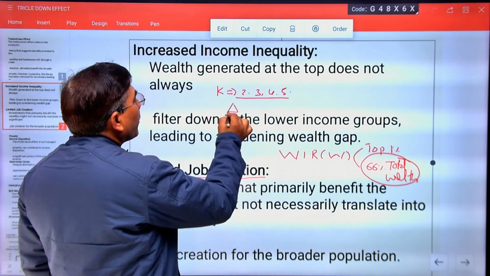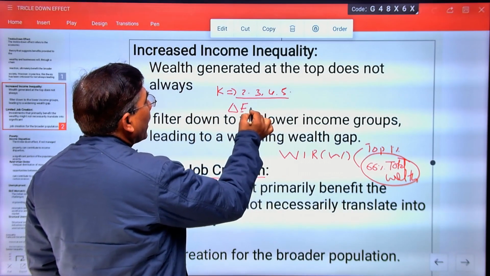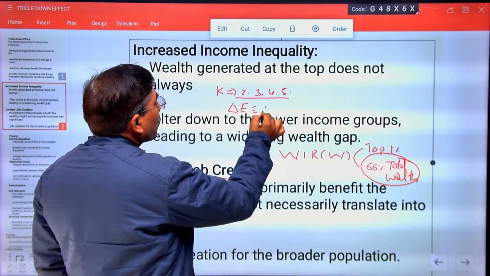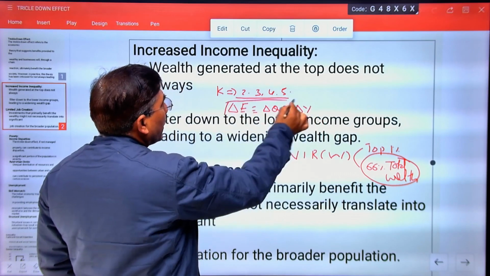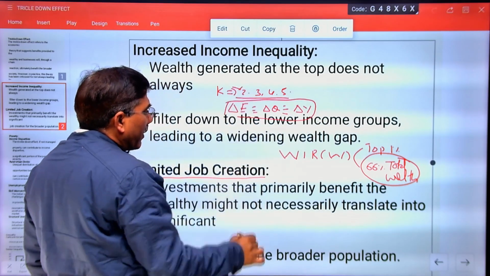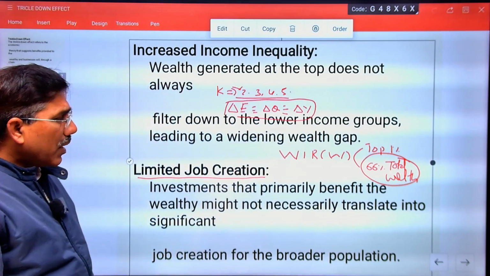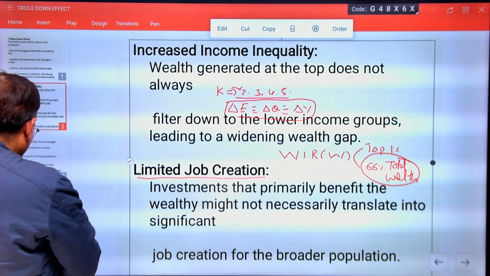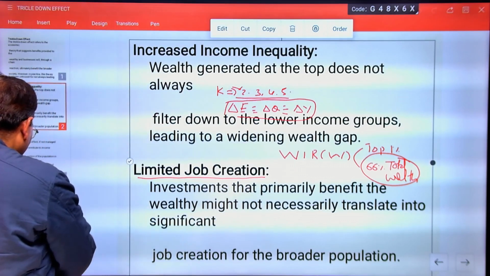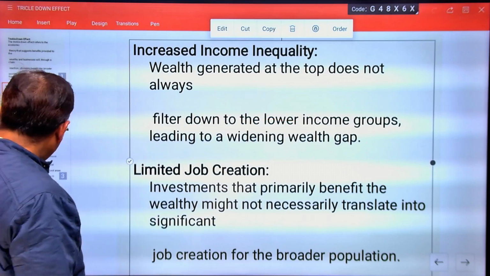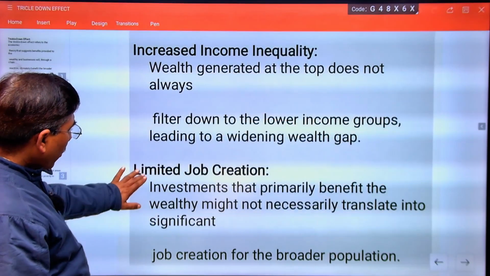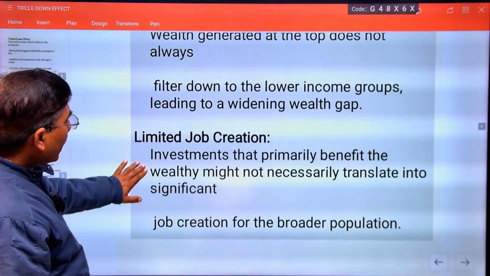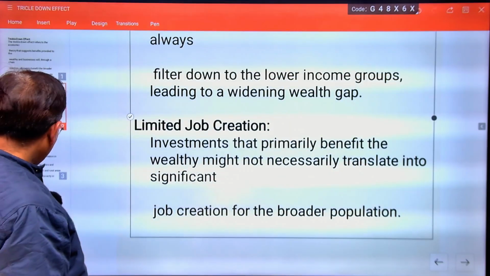As you know, in economics, additional employment is synonymous with additional output, which is synonymous with additional national income. If it is not working effectively, what happens? The job opportunities will be limited in our economy. What is the result? The problem of unemployment consistently increases with the growth process of our economy, or you can say that is the jobless growth of our economy.